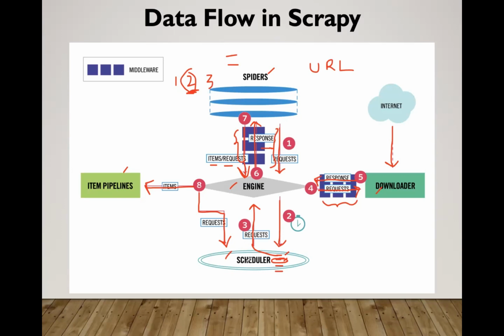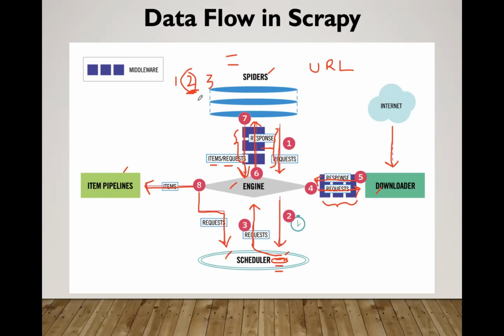In the same way, spiders also work like this. Spiders send out requests to the engine, which in turn sends them to the scheduler. So the engine receives requests from the spider and sends those requests to the scheduler. There can be any number of spiders, right? In our scenario we consider 3 spiders, but there can be any number.